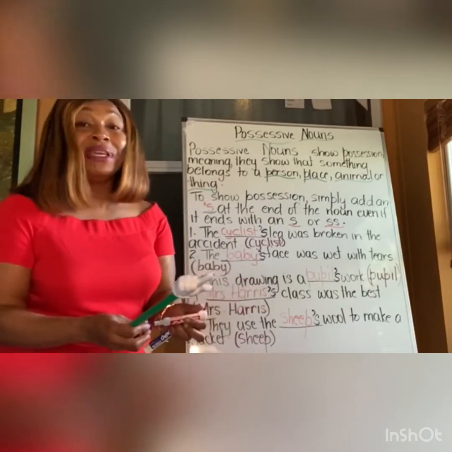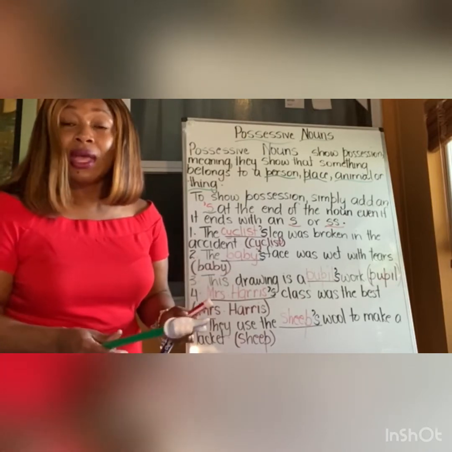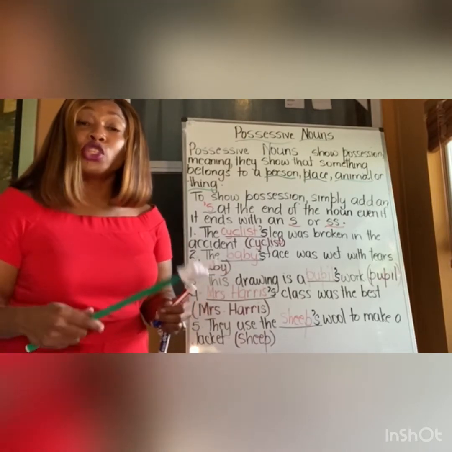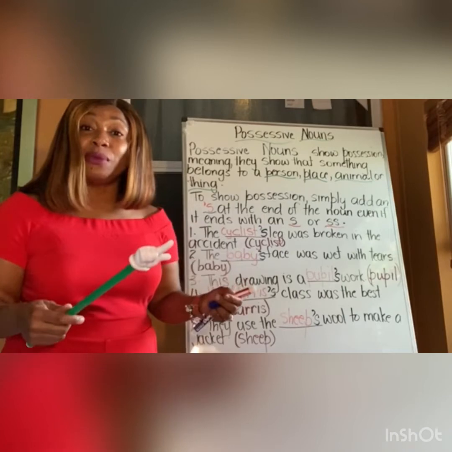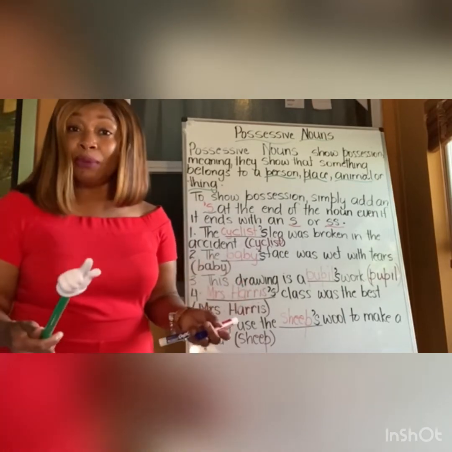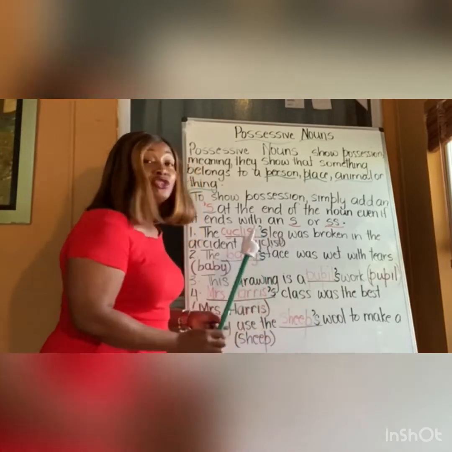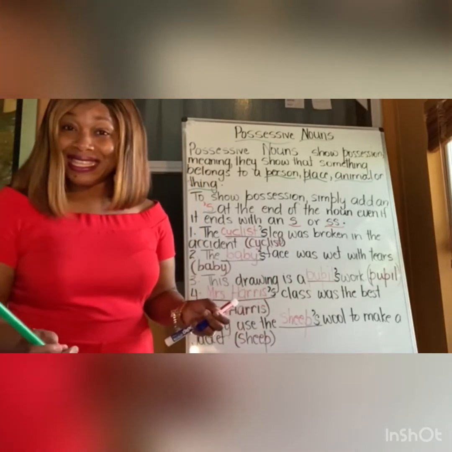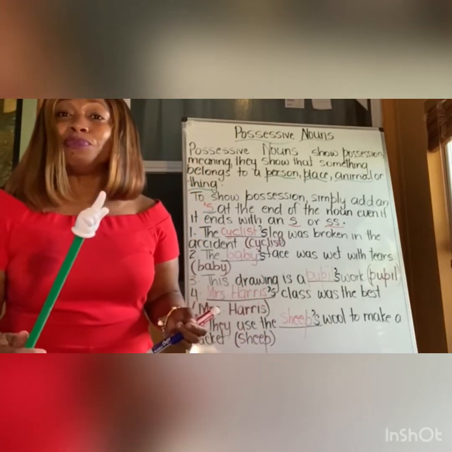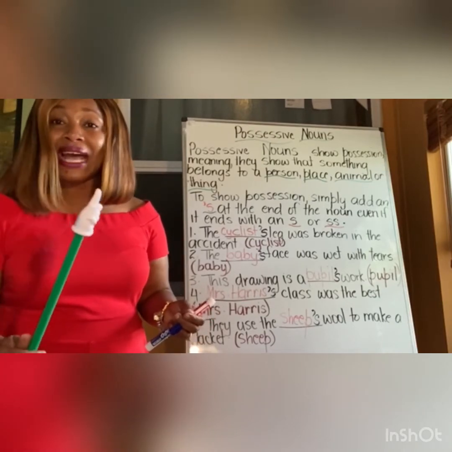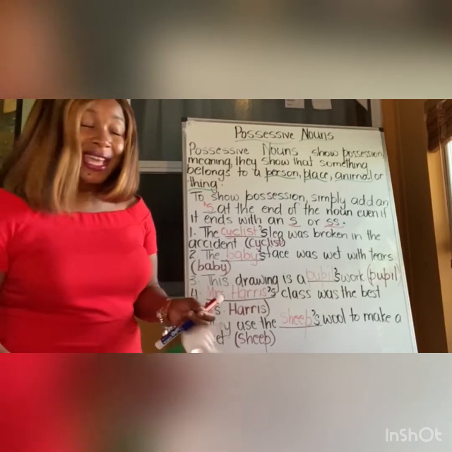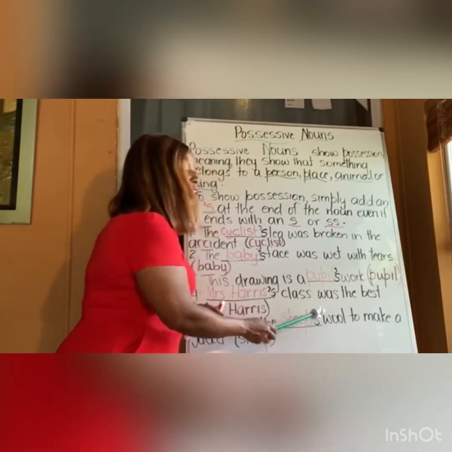It's 1,000,000 sheep. However, if we're showing that these sheep or this sheep own something, we have to put our apostrophe S, and in this case it says sheep's. So the only time we're saying sheep's is when we're showing possession.